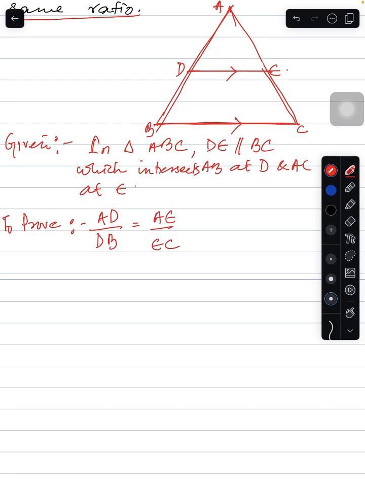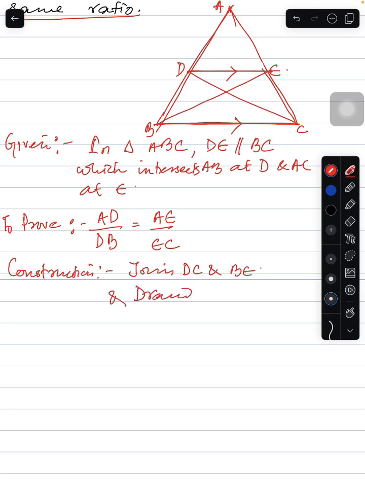Okay, now you have construction in this. So the construction is: join DC and BE. You will have to join these and draw. You can draw from here a perpendicular line.